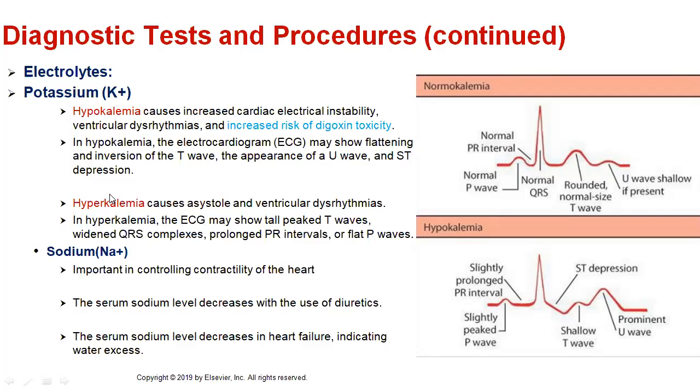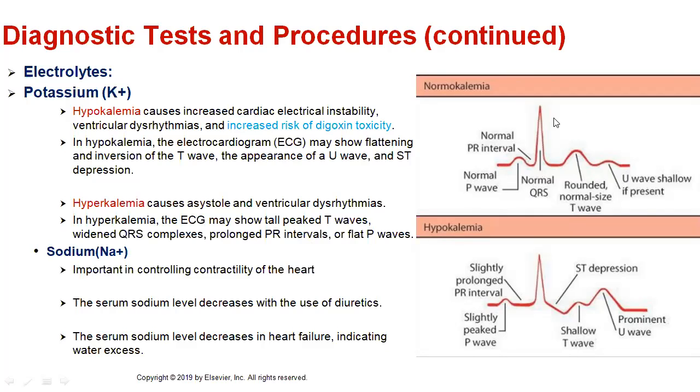But in most cases, with hypokalemia or hyperkalemia, the patient develops cardiac dysrhythmia or cardiac arrest, muscle weakness, or paresthesia and numbness. In case of hyperkalemia, we can find the peaked T wave, also a very wide QRS complex.